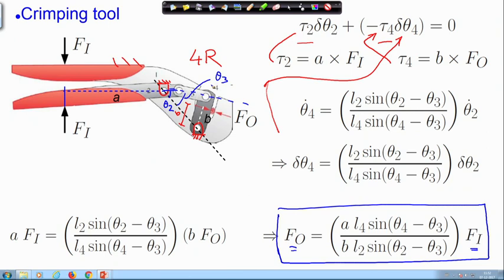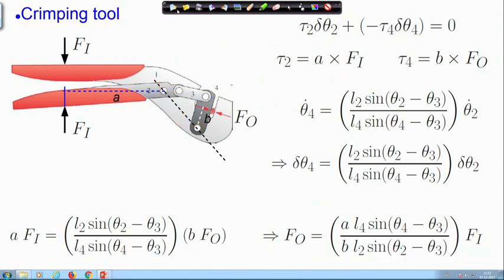When theta 2 is roughly equal to theta 3, as is shown here, link 2 and link 3 are almost collinear, which means that theta 2 must be almost equal to theta 3.